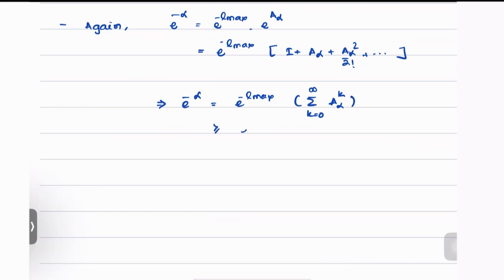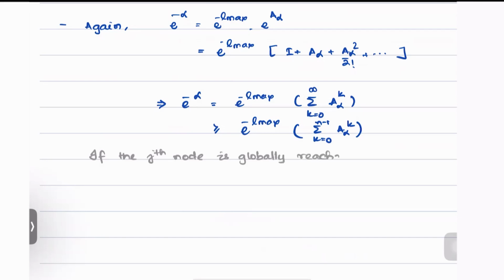Obviously, this is greater than or equal to e raised to the power minus L_max times the summation going from k equals 0 to n minus 1. If the jth node is globally reachable, then the jth column of this summation is positive.